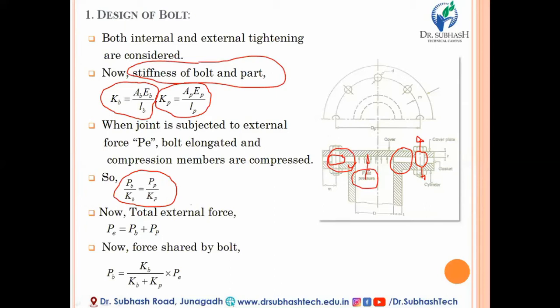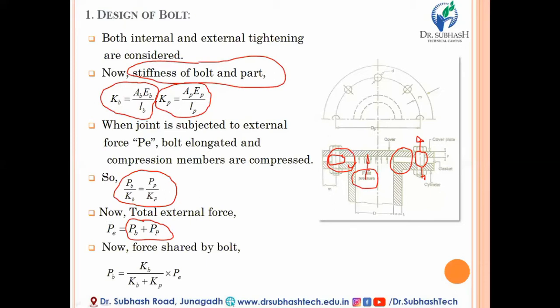Now, the total external force that can be applied is known as P_E, and it will be the summation of the force applied on the bolt and the force applied on the parts due to fluid pressure. So that will be the total force.